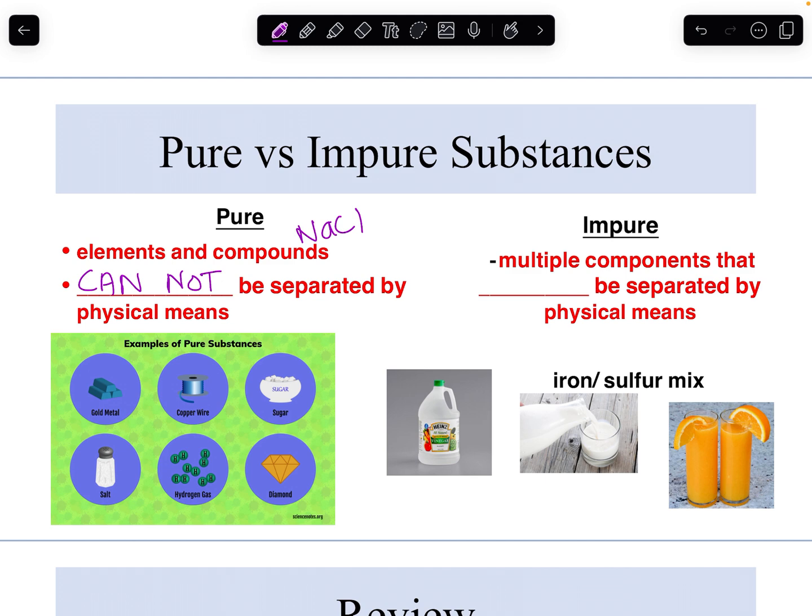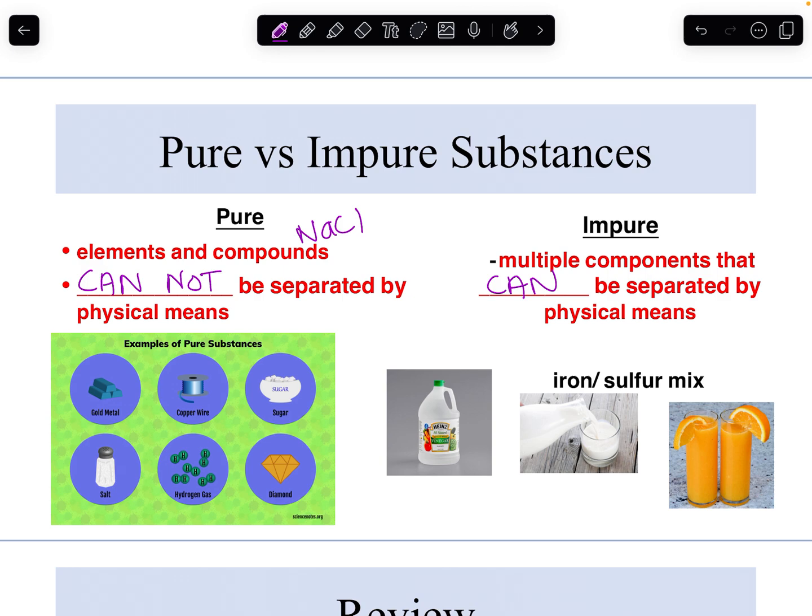You have to have chemical means. Impure means multiple components that can be separated by physical means. So maybe you can strain one, maybe you can evaporate a liquid off another one, something like that.